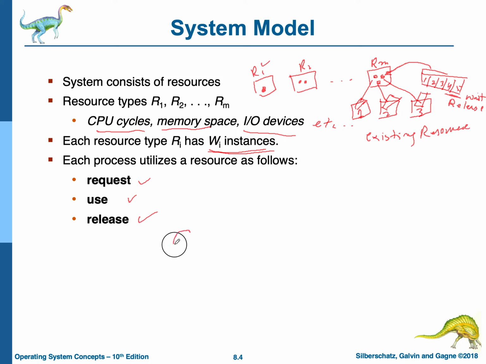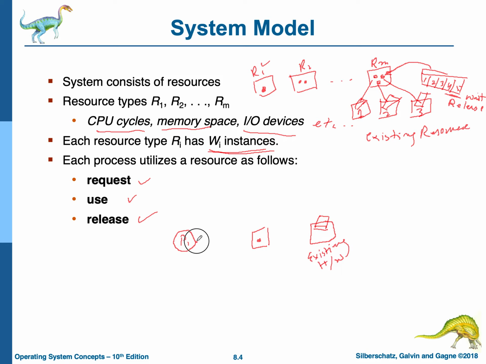So if this is a process P1, and there is 1 instance performing some job, maybe printing or any job on any existing hardware, we have only 1 instance of this hardware. So what will happen?